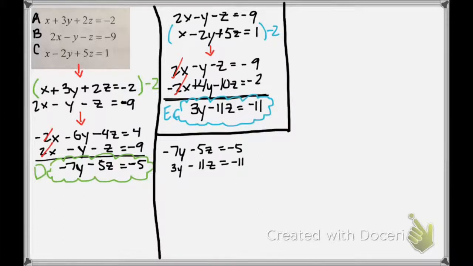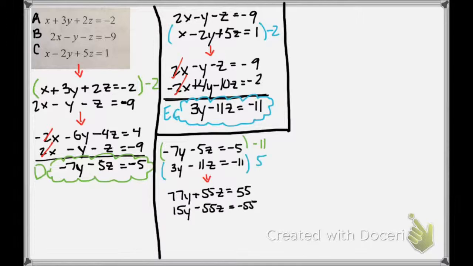Now take equation D and E and do the same thing as what you've been doing this whole time. For D, you can multiply everything by -11. This will make -5z become 55z and -5 become 55. For E, you can multiply everything by 5.